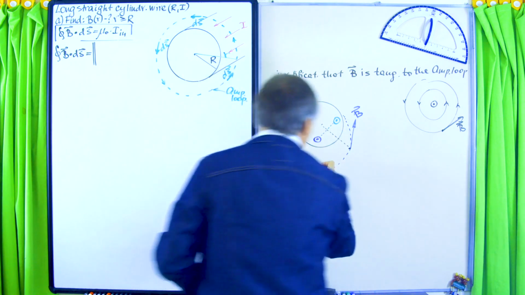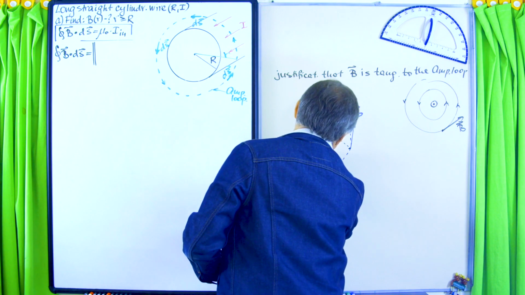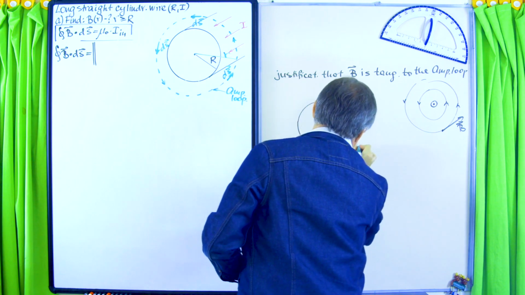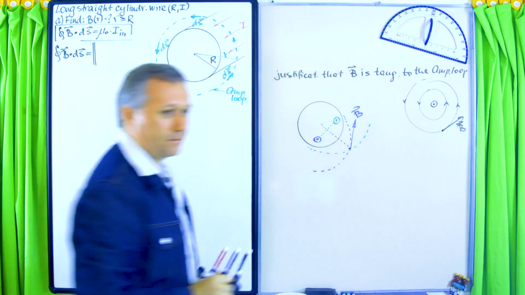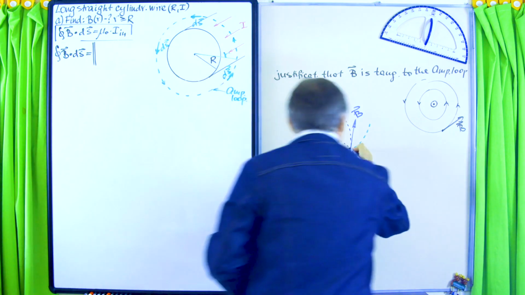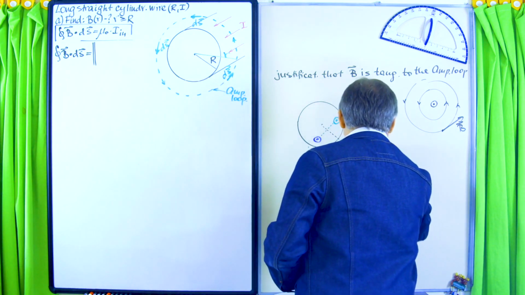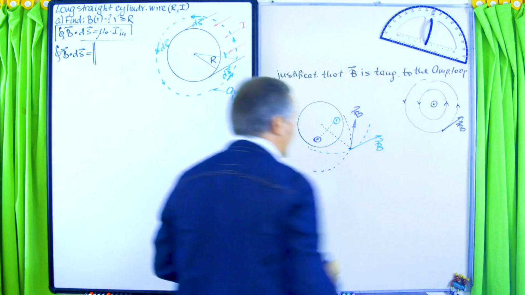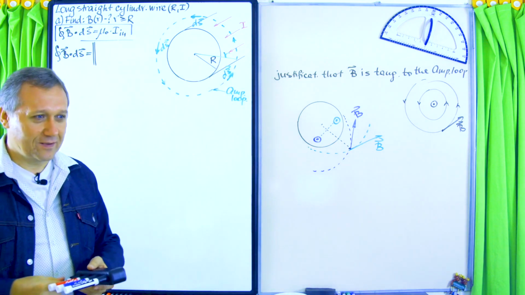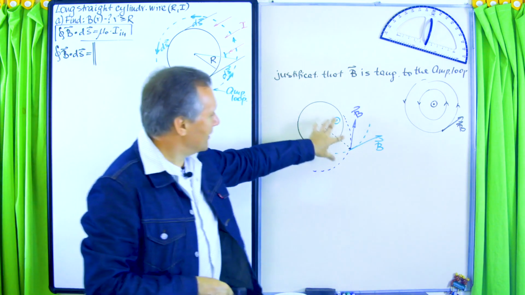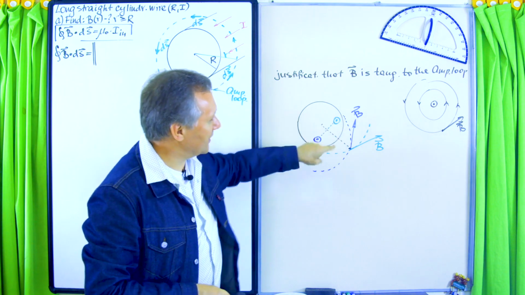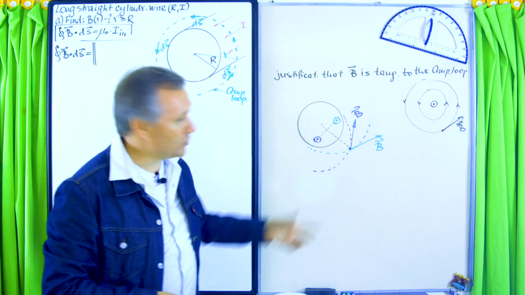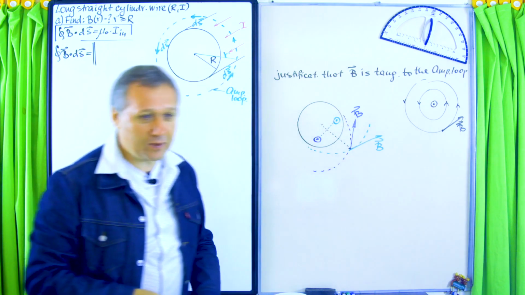It will be something like this, and this will be the green contribution. Since the distances and currents are the same, of course the magnitudes of this B and that B are the same.